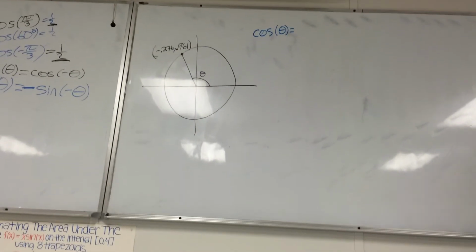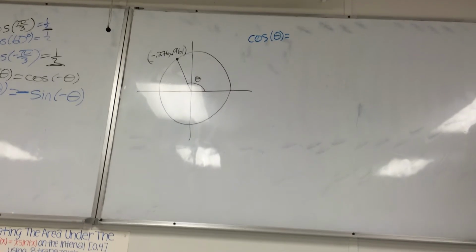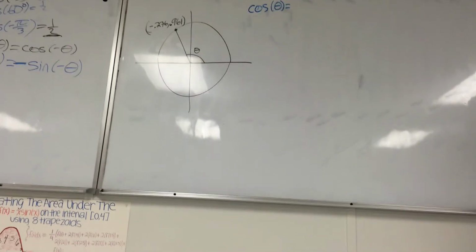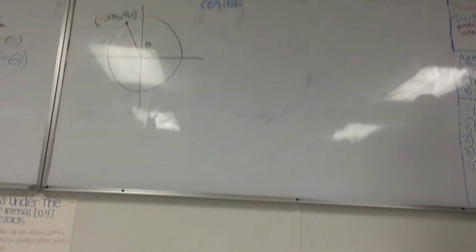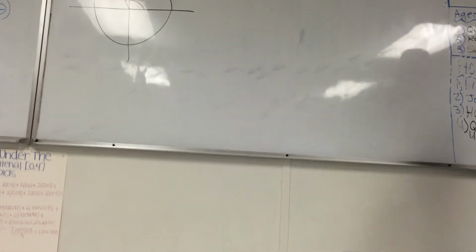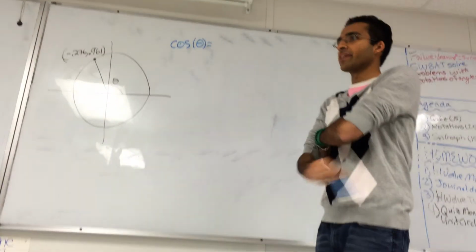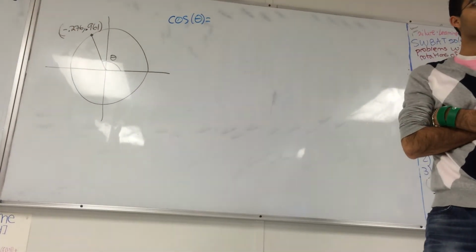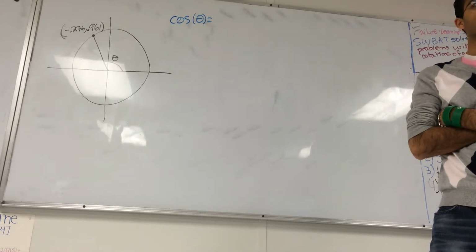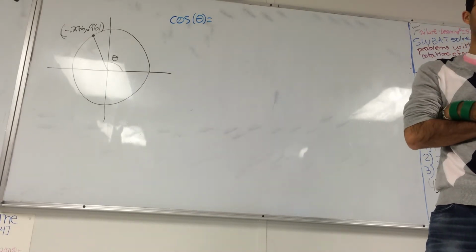We'll pick it up with Martyr. So Martyr, cosine of theta given this angle right here. You have it on your paper too if you want to see it easier there.